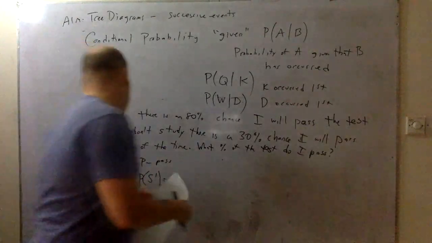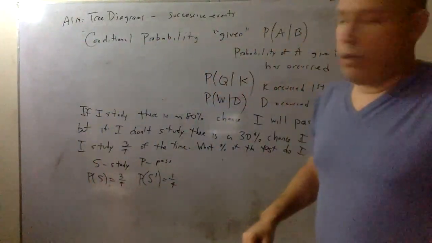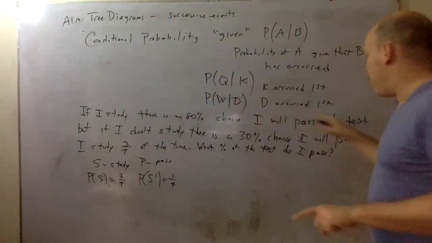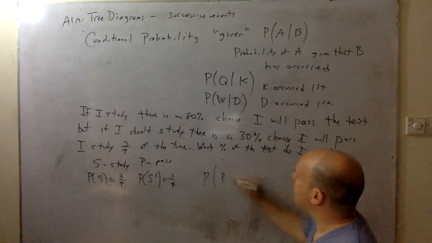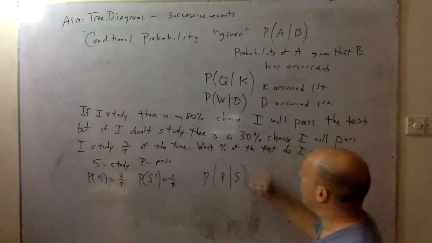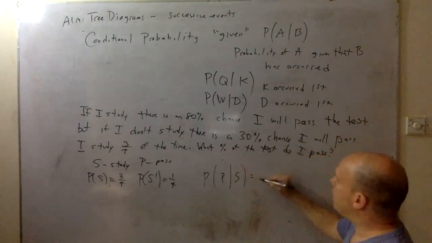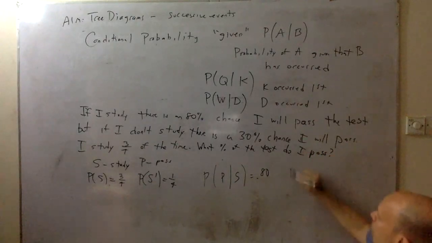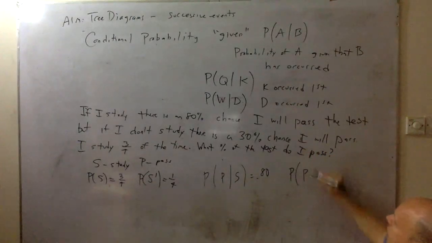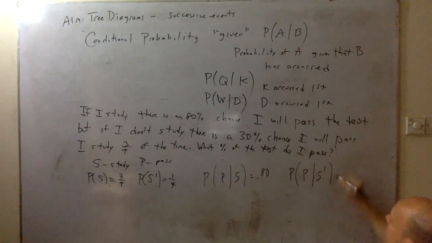What else do we know? If I study, then I pass the test, which means the probability that I pass, given that I study, is 80%. And the probability that I pass, given that I didn't study, is equal to 30%.